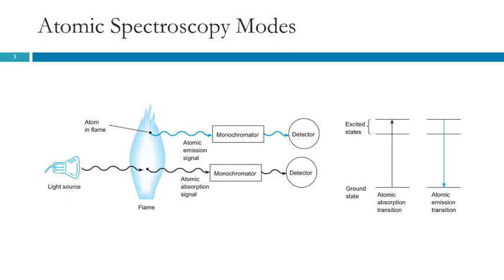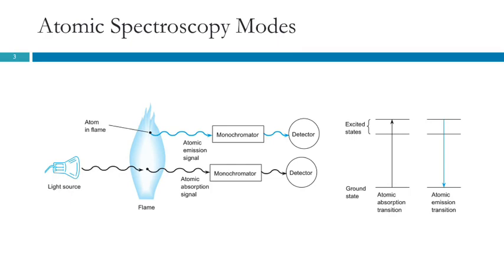Any questions yet? Yes? What's a monochromator? A monochromator is a device used to filter out all but a select wavelength. Any other questions? We run the absorption, right?